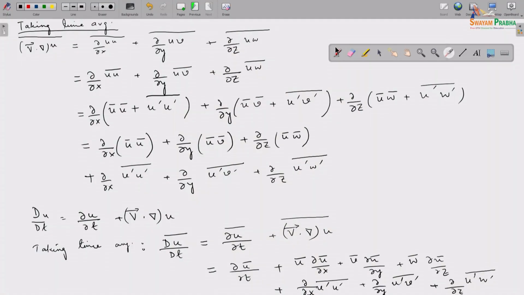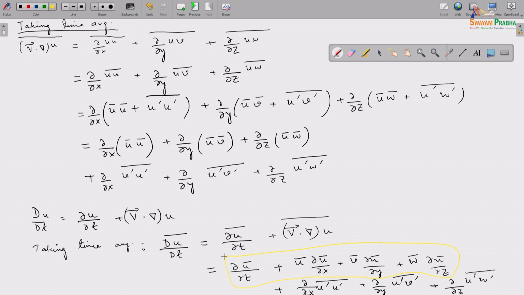So, if I do this, right. Now, if I do this, look at this term here in this expression. Now, look at this term or these group of terms. Do they make any impression to you?